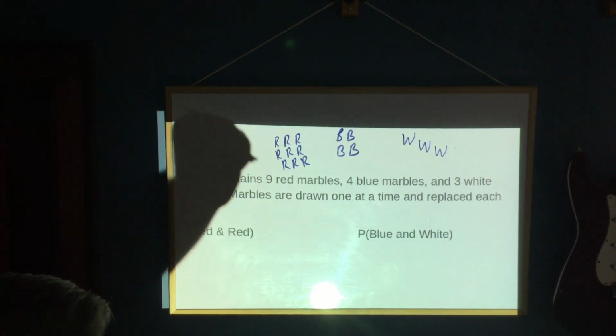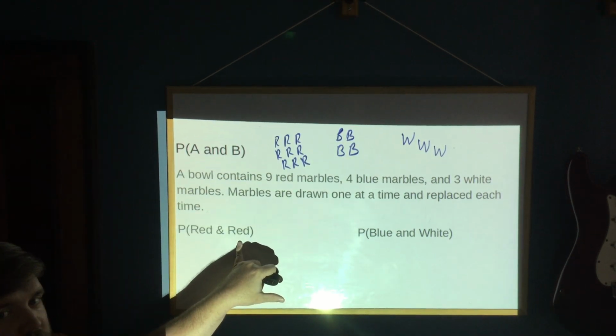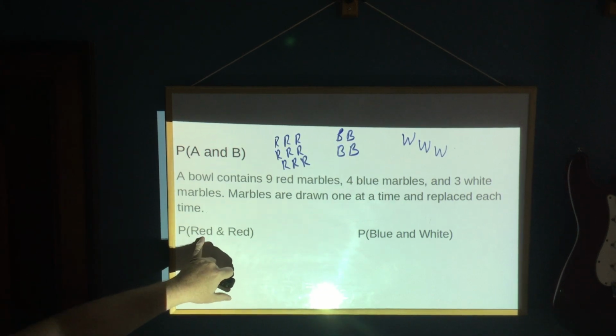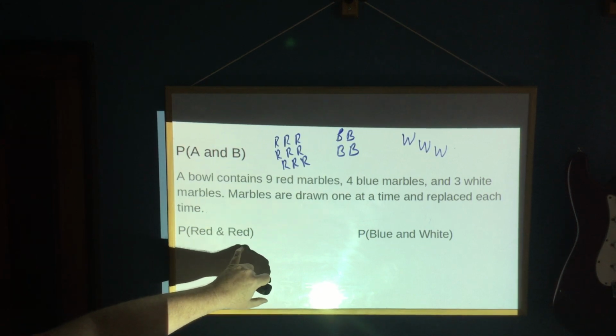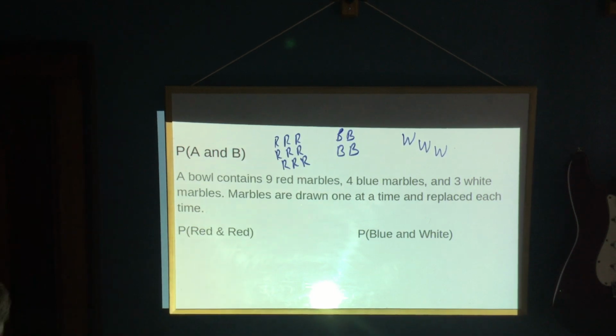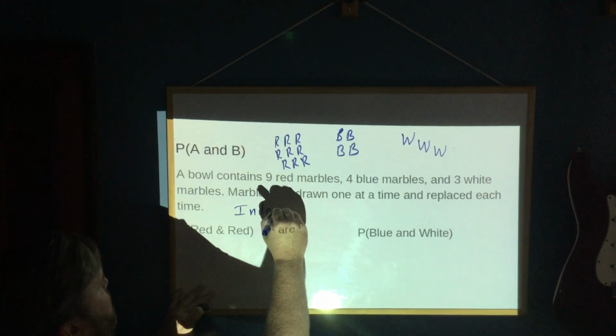If I take that red one and put it back in the bowl, wouldn't the probability that I get a red one again be 9 out of 16? So if this happens, the probability of the second event does not change due to this happening. Therefore, these are independent events. All right, so both of these will be independent.